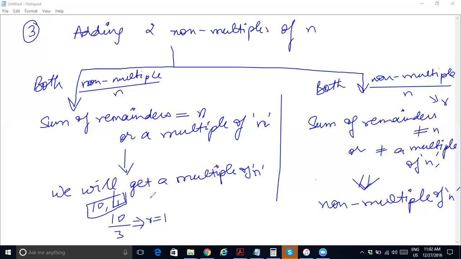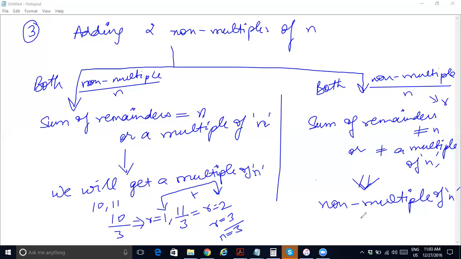When 10 is divided by 3, we get a remainder of 1, and when 11 is divided by 3, we get a remainder of 2. When we add the remainders, we get a number which is divisible by 3. Therefore, 10 plus 11 will yield a multiple of 3, which is divisible by 3.